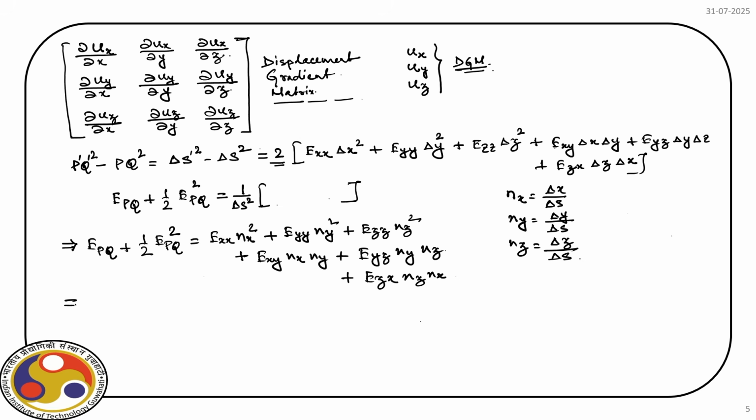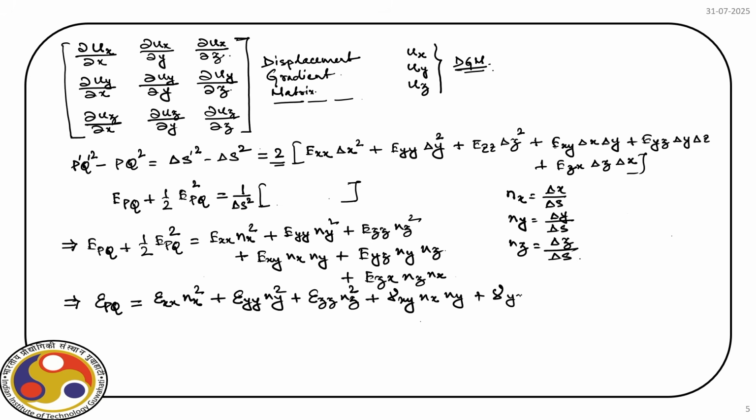Now, if we consider the linear term only, we have elongation of pq, and on the right hand side we will have epsilon xx n x square plus and so on.